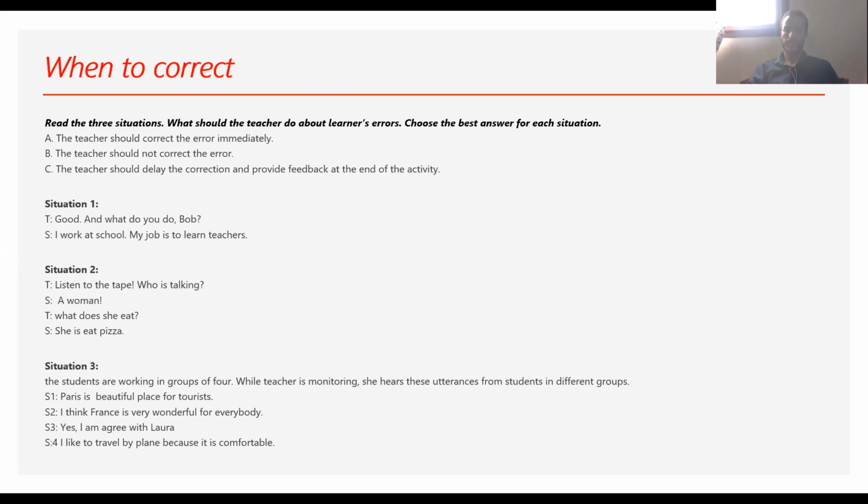Sir, can I answer? Yes, Miriam. Yes, it's not a mistake because here we're testing comprehension, not grammar. Excellent. You have to make a difference between testing grammar and testing comprehension. When you are testing comprehension, we focus on comprehension. We ask ourselves if students understand the text, if the student understands the listening.